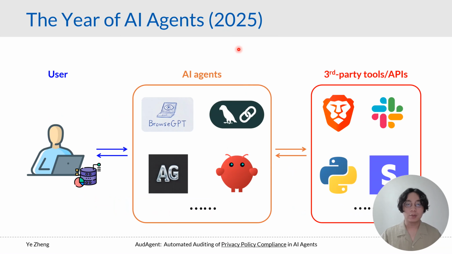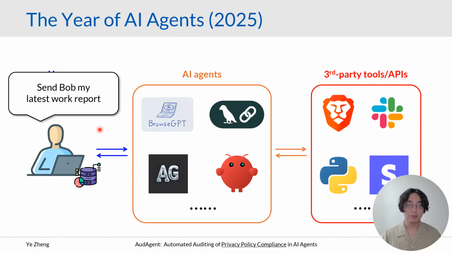Last year, 2025, can be said to be the year of AI agents. We have many AI agents like BrowserGPT, OpenClaw, etc. Compared with LLMs, these AI agents can interact with third-party tools or APIs, so they can provide more help in users' daily life.